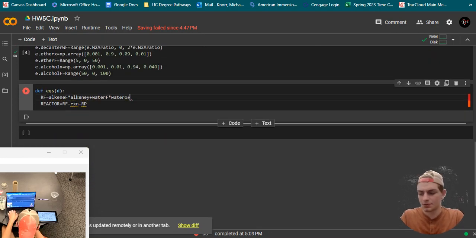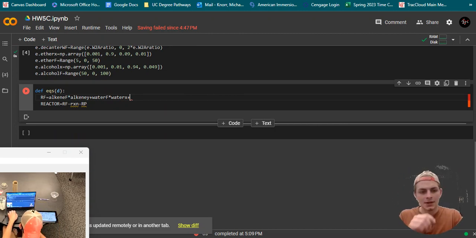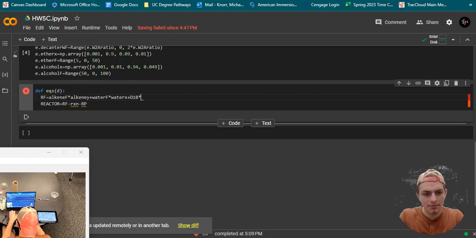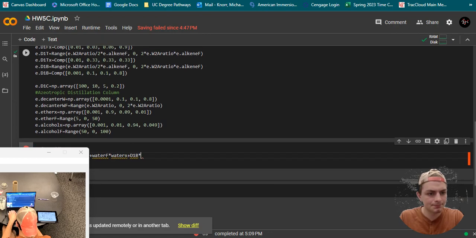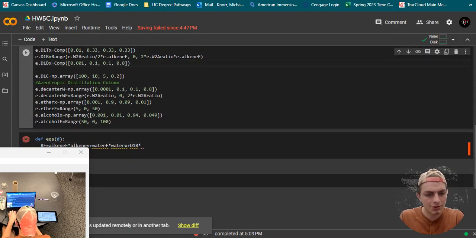Add to that, we want to add the other things that come into our reactor tank, which is our water recycle, which is equal to our D1 bottoms multiplied by their mole fraction.